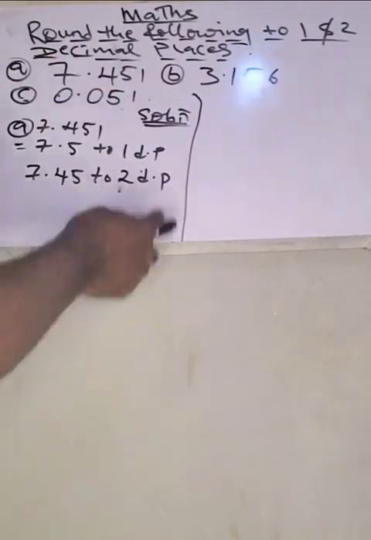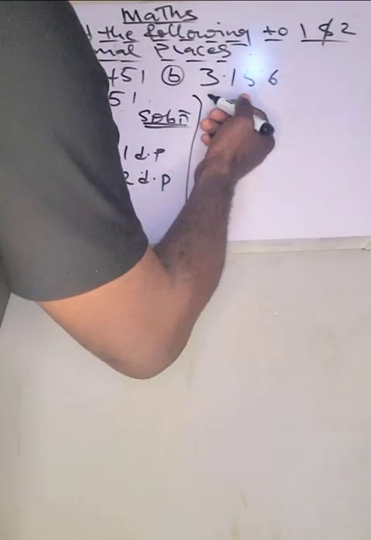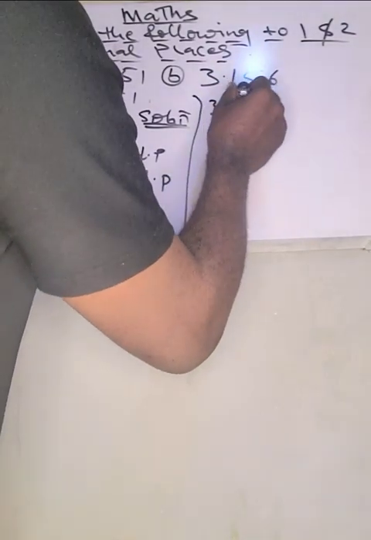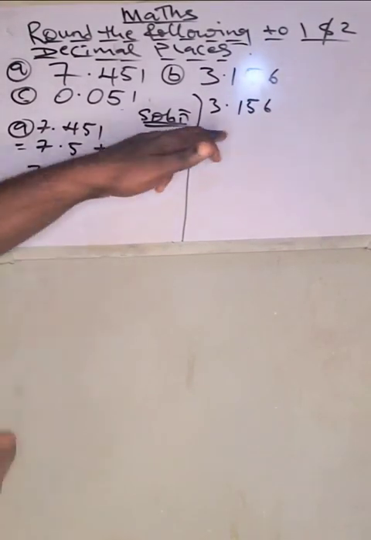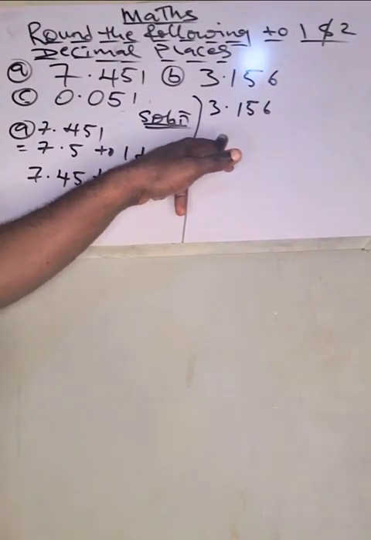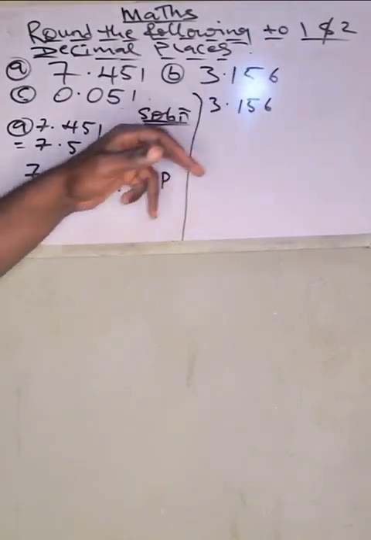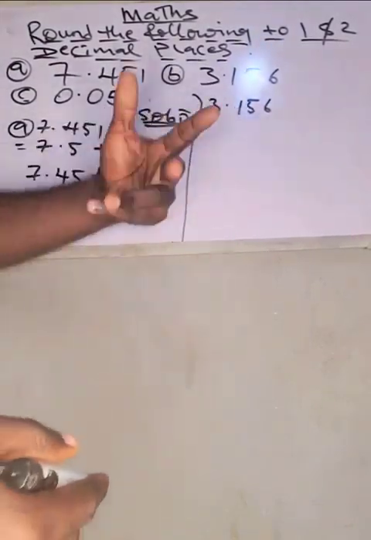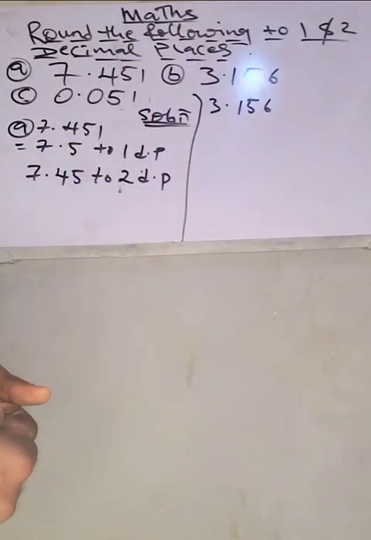Let's answer question B. 3.156 to 1 decimal place. Our target is to have the first digit number after the decimal point. The first digit number after the decimal point is what? It's 1. If the second digit is up to 5, we round it up, 1 to make it 2.